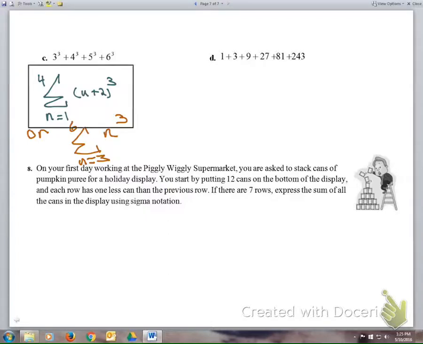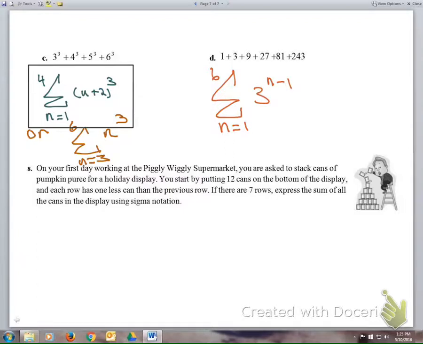One is we know that it's 3, we know it's squaring a 3. So when we take a look at that, if I start with 1, there is 6 terms there. And so 3 is being raised to the first power, second power, third power, fourth power, and so on.